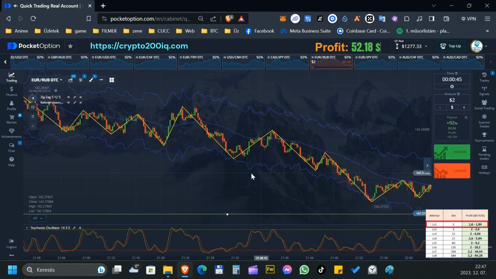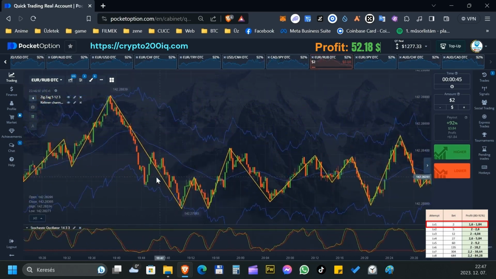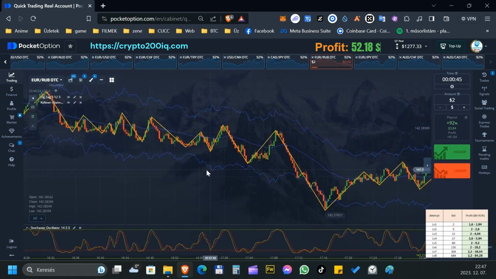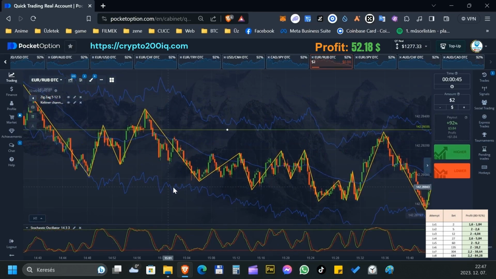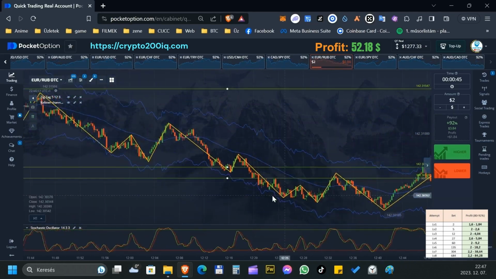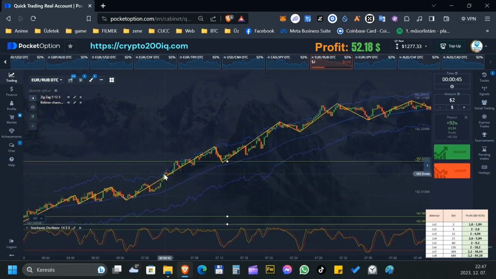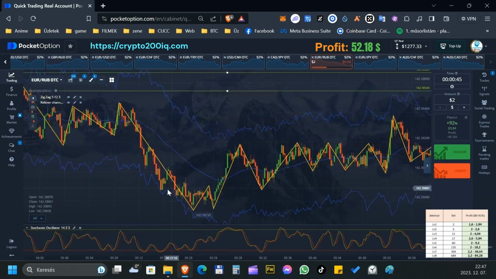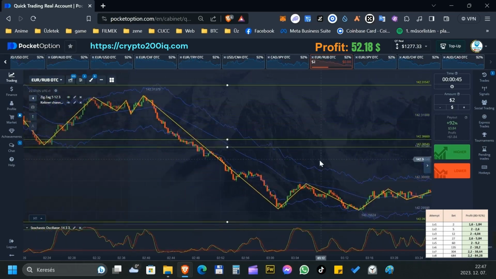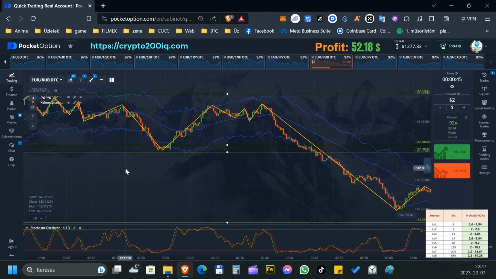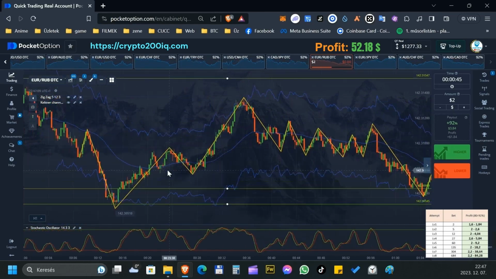We made the first bet. We review the price movement to see how big moves it usually makes. It's visible that it can make quite significant moves.